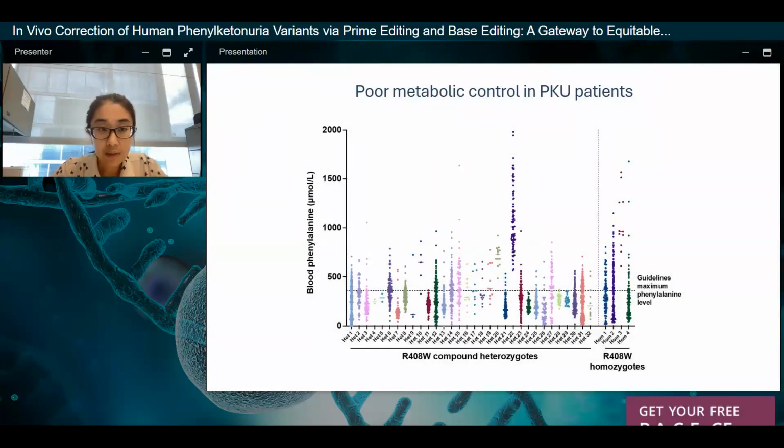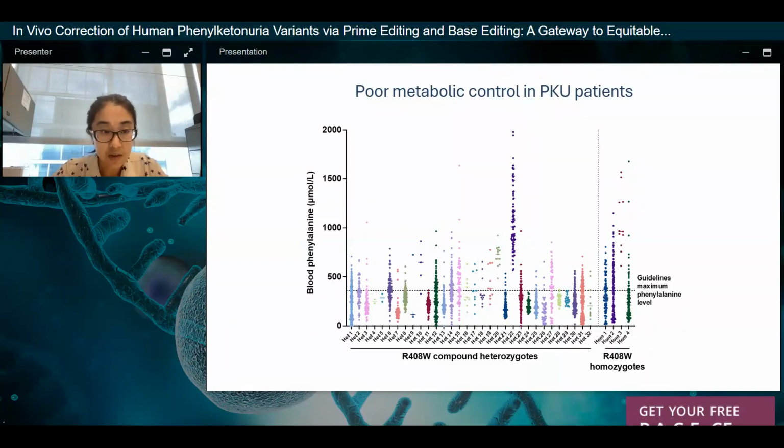More than 1,000 PKU variants have been reported, and of them, the most frequent variant worldwide is the R408W variant. Using data from patients with PKU treated at the Children's Hospital of Philadelphia, we found that the majority of patients had at least one single Phe measurement above the recommended safety zone indicated by the dotted line here.